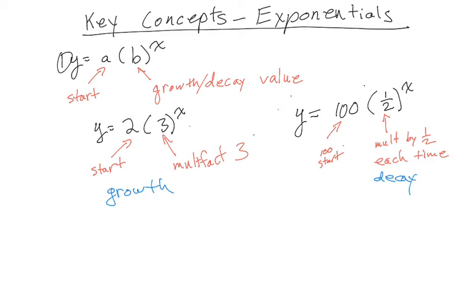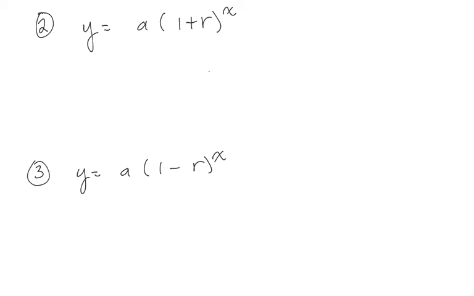Now, let's quickly talk about the other two forms of the equation that you might see today. If I look at this equation, I call it a percentage growth type problem, with rate r as a decimal.